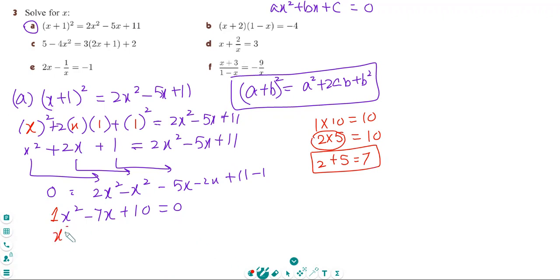Okay, so x squared as it is. This 7 will be replaced with 2 plus 5, and x as it is, plus 10 equal to 0. Open the bracket: x squared minus 2x minus 5x plus 10, right?